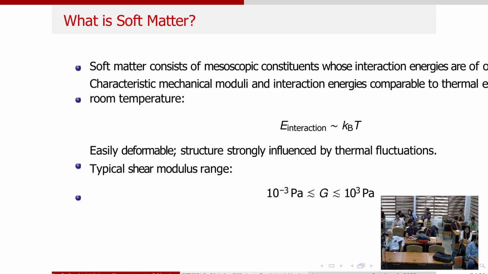So, soft matter, I told you, is associated with the thermal energy. kBT is of the order of 4.1 × 10^-21 joule at temperature T equal to 298 Kelvin. This is the amount of energy which is there when the temperature is 298 Kelvin.